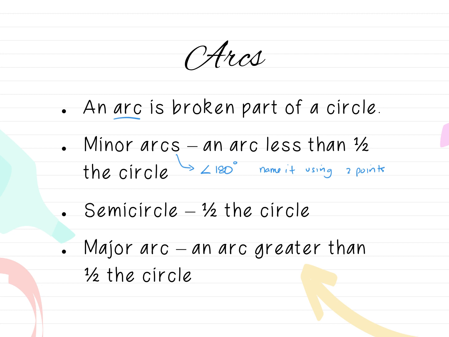A semicircle is an arc that takes up half of the circle. In other words, it equals 180 degrees, and you name it with 3 points. And I'll show you what I mean. And a major arc is an arc greater than half the circle, or in degree measures, it's greater than 180 degrees. And again, you also name it with 3 points.